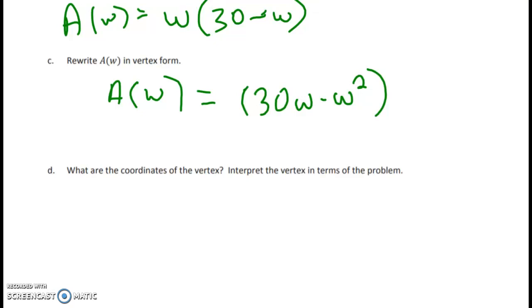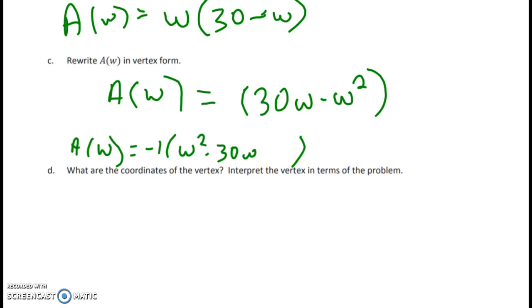And I got to write this in vertex form. So I have to complete the square. So I'm going to take out the negative 1. And then remember, I'm going to take half that middle term.